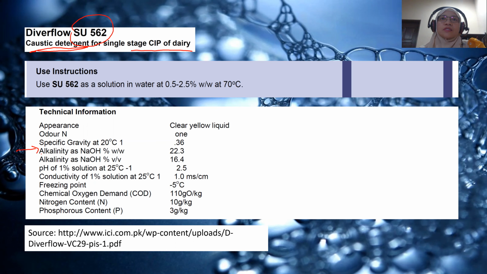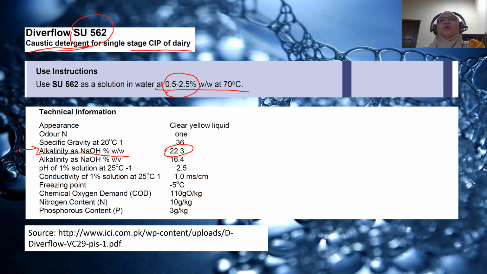And then important to note, the weight percent here is 22.3. In the use instruction section, it states that it should be diluted at 70 degrees Celsius and within the range of this dilution.